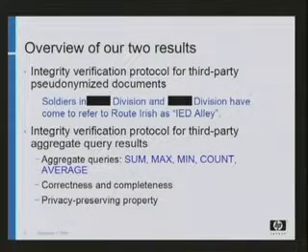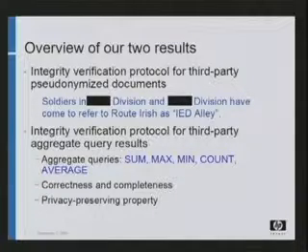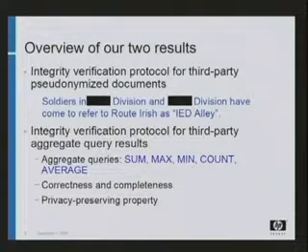So in this talk, we only consider two aspects of the outsourced verification problems. One of them is verification of third-party pseudonymized documents. And this is very close to redacted documents. In the redaction case, text is completely removed, and we want to provide a pseudonym instead of a blackened text.